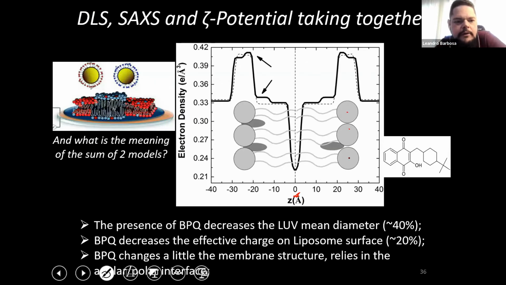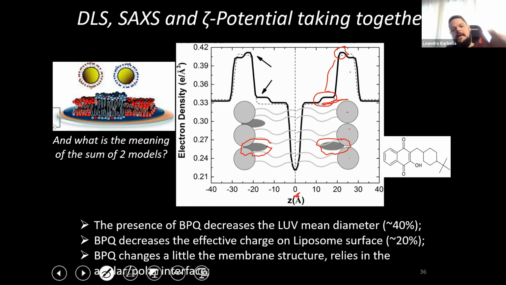With those results, with those models that we present, you may note that we have a kind of bump here and here. The solid line represents the electron density profile of the system in the presence of the drug, and the dashed line the electron density profile in the absence of the drug. With this increase in the electron density profile in these two regions, actually this is only one region, we propose that the drug must reside somewhere around this place, in the apolar region interface.